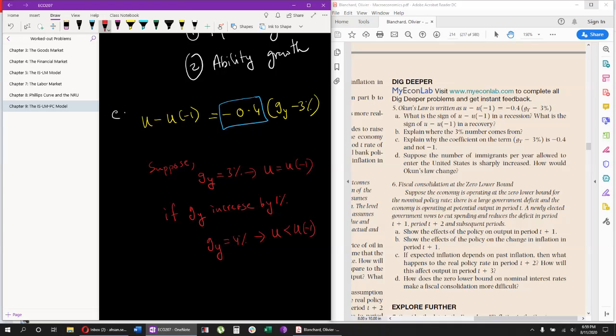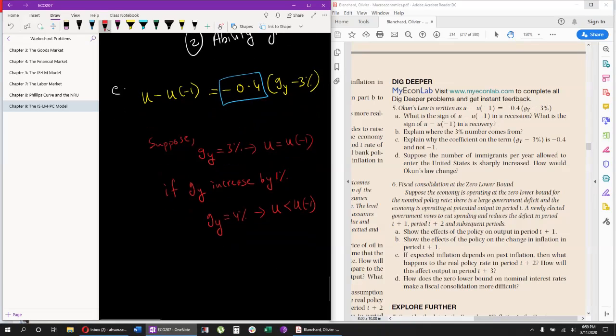We knew this already, but the question is, by how much? Growth in output has gone up by 1%. As a result, unemployment is going to fall by 0.4%. That's what this equation is telling us.